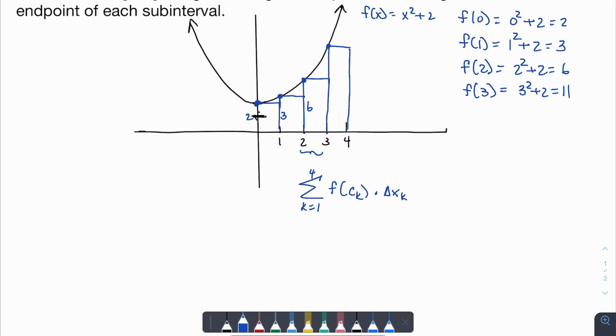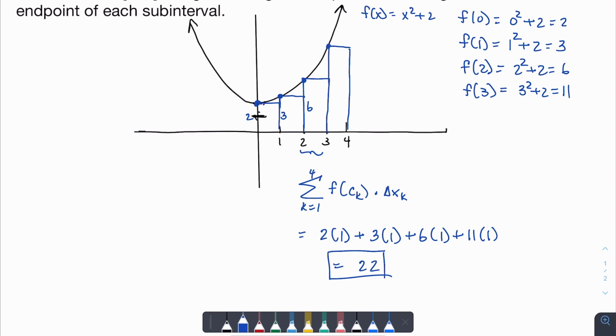So f of 0 is 2 times 1 plus 3 times 1 plus 6 times 1 plus 11 times 1, which is just the sum of 2, 3, 6, and 11, and that looks to be 22. And that is the estimate for the area between the x-axis and y equals x squared plus 2, between x equals 0 and x equals 4.